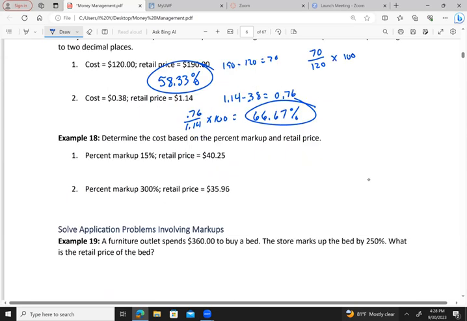Okay, we're going to determine the cost based on a percent markup and retail price.